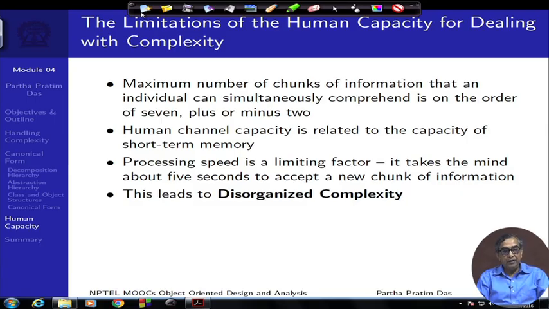These are actually attempts in trying to make better and better systems, so that from this kind of very disorganized behavior of the human mind, we can take it to a more structured form, where we can handle more information with a lesser amount of time. But this remains a concern area, and really we will not be able to add a lot of value in terms of this particular aspect of the whole problem.